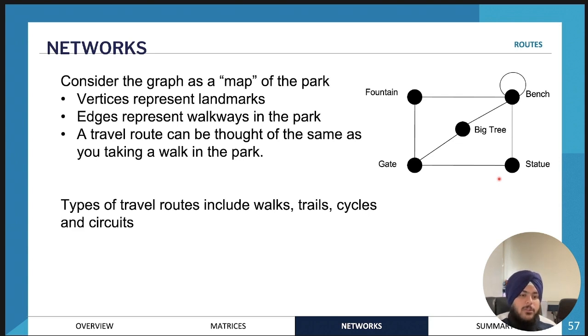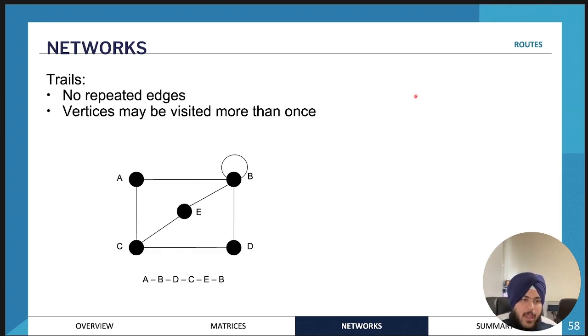Okay, so next we're going to be looking at walks, trails, cycles, and circuits, because a lot of the time, networks can be considered as sort of like maps almost, to represent the relationships between different locations on a map. So first of all, we'll be looking at trails. So a trail might just be a route that you take where you're not repeating any edges, but you can visit vertices more than once.